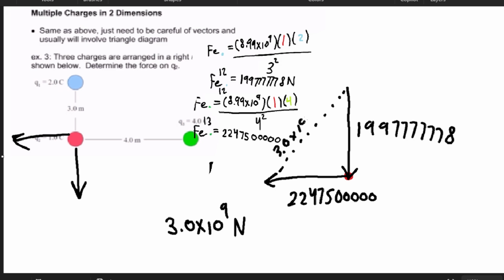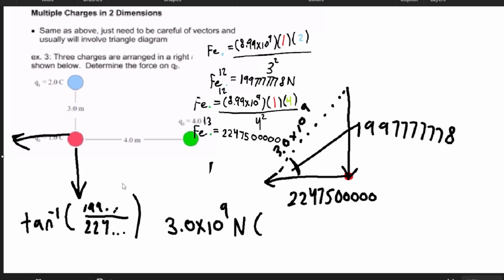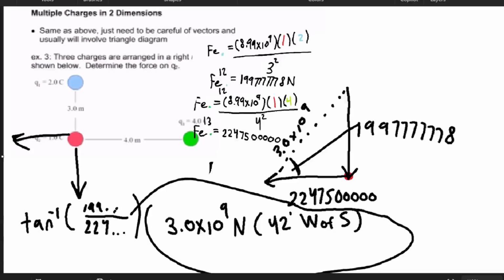And for the angle, I'm going to use tangent, but you can use sine or cosine since you know the hypotenuse. So let's do tan inverse of that long number divided by the other also pretty long number, and you get that it's 42 degrees west of south.